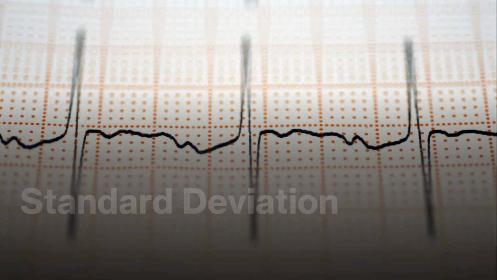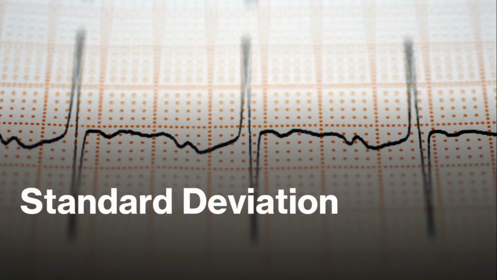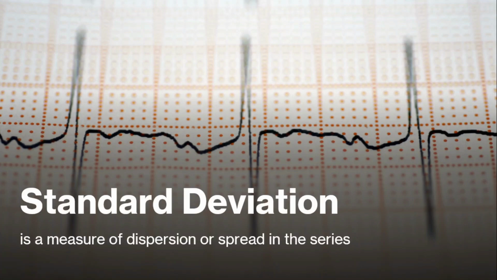Next one is standard deviation. This is a measure of dispersion or spread in the series, which tells us how the data is varying over a period of time.